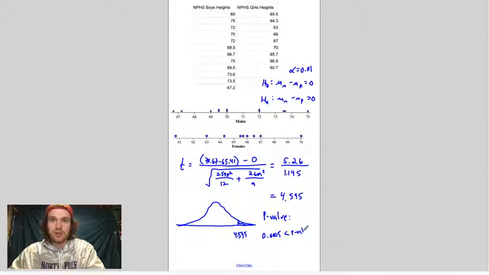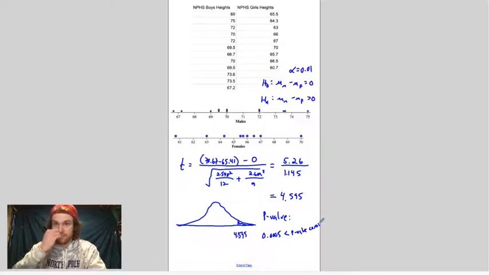Our p-value is somewhere in there, which means we know that it's less than alpha, which means we would reject H naught here.